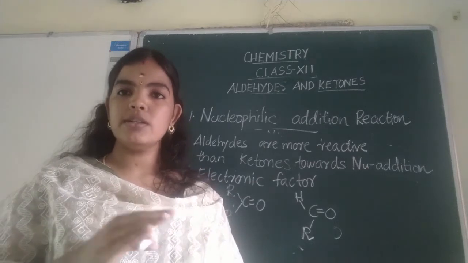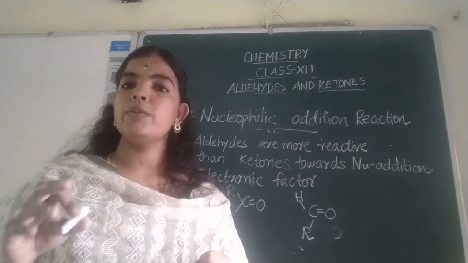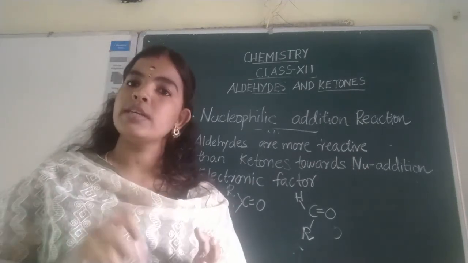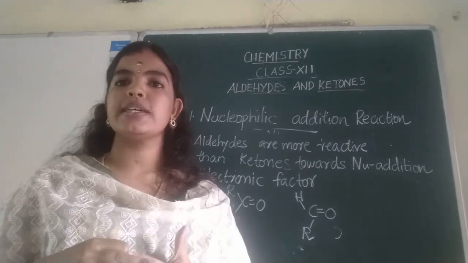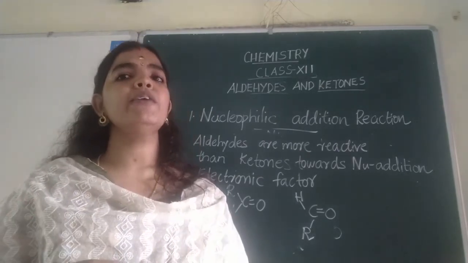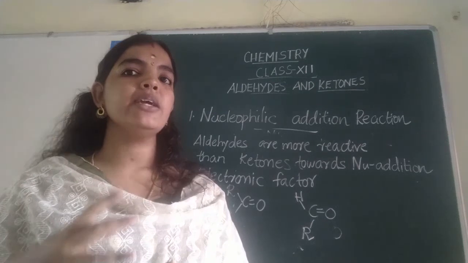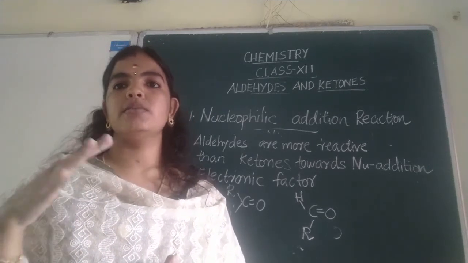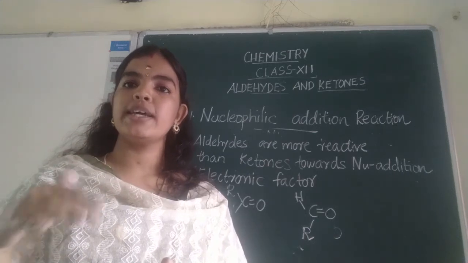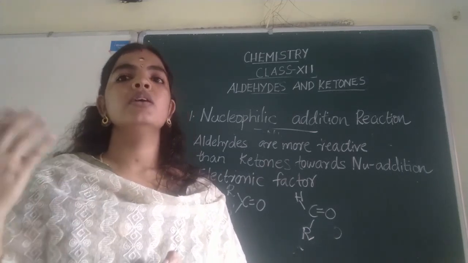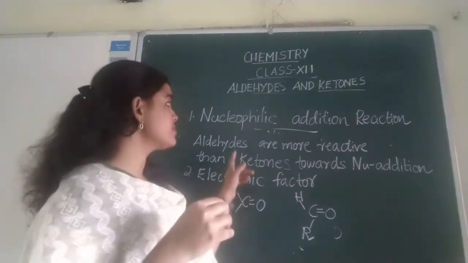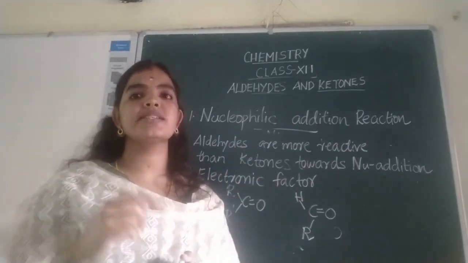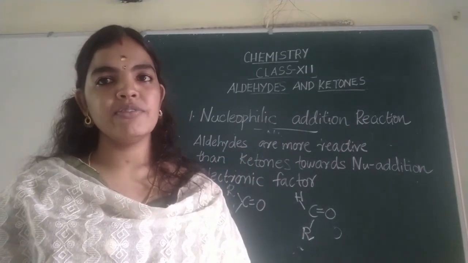Or you will be given some compounds, several aldehydes and ketones. From that you have to identify which one has more steric factor, and then arrange those molecules in increasing or decreasing order of reactivity towards nucleophilic addition reaction. That is a common question. Is it clear to all of you? Okay.